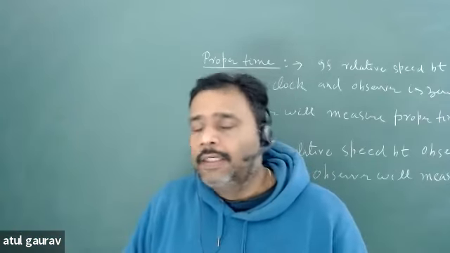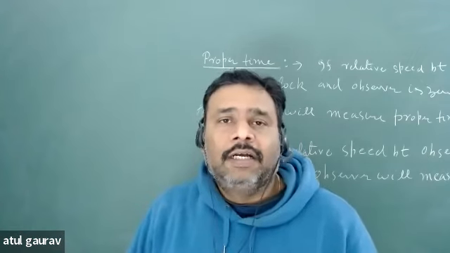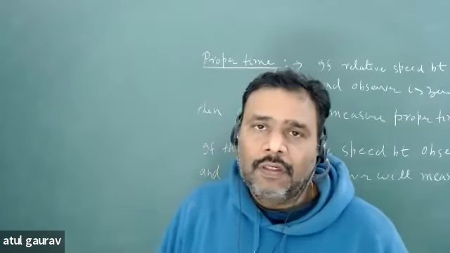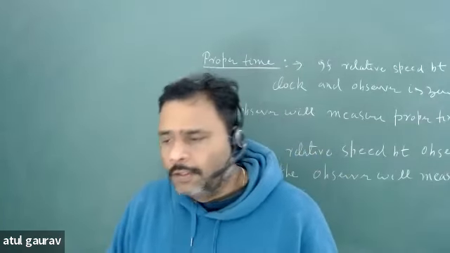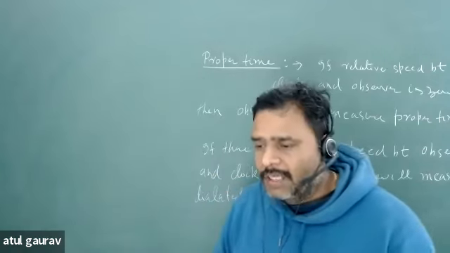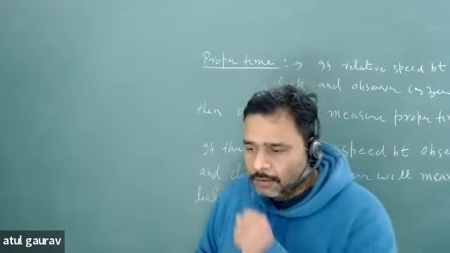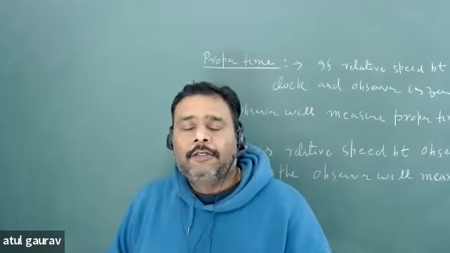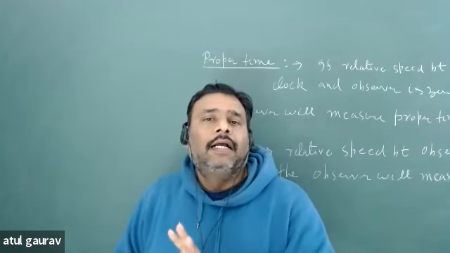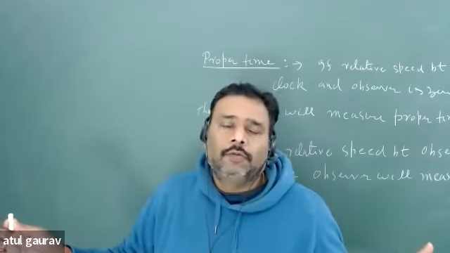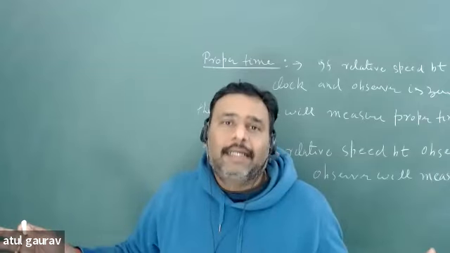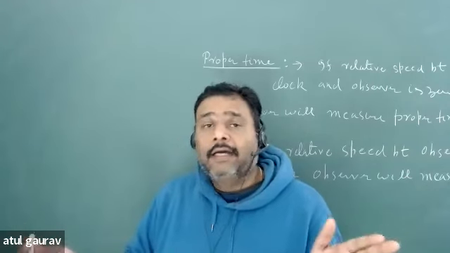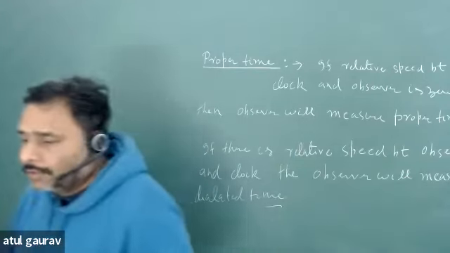Then he will see that this event takes more than 1 second, depending on the speed of the watch or clock. So let us try to do one experiment, a very nice experiment. You can see how to visualize this time dilation, how your time is going to dilate. The time increases if you are watching the event in a moving clock. So let's see all these things.